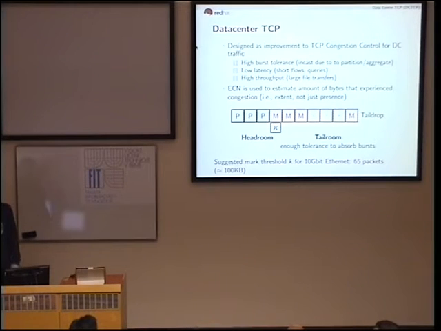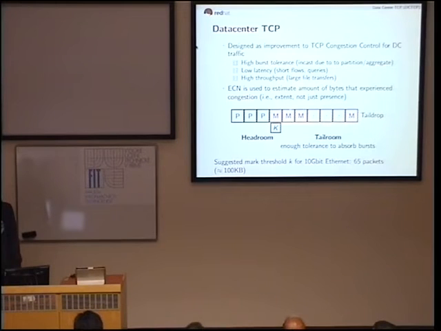So you want basically all of those 3 at once. And Data Center TCP tries to accommodate that. It does that by leveraging this explicit congestion notification to also estimate the amount of bytes that are congested. And based on that, it will try to do this congestion control.